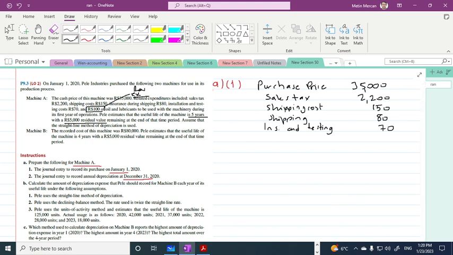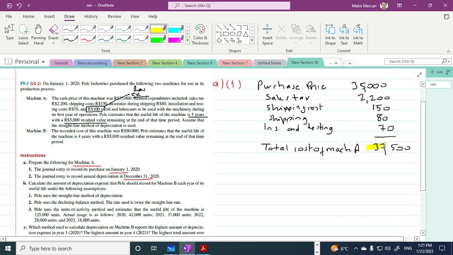So what is the cost of this? So this is the total cost of machine A, which will be $37,500, simply saying. So we will record this as an asset.